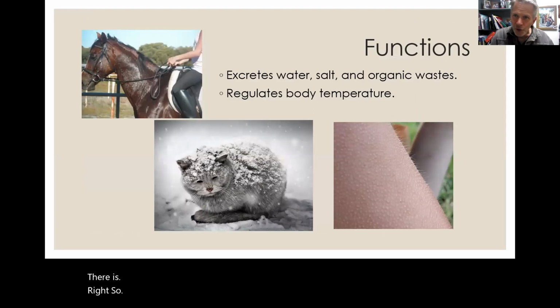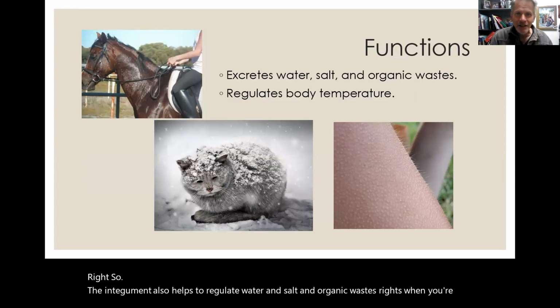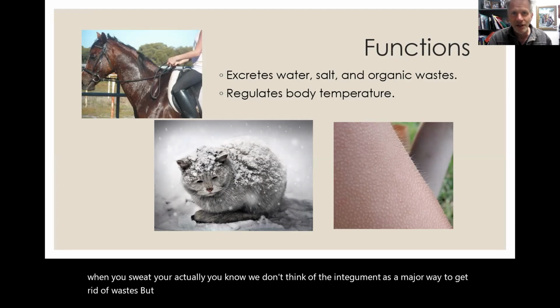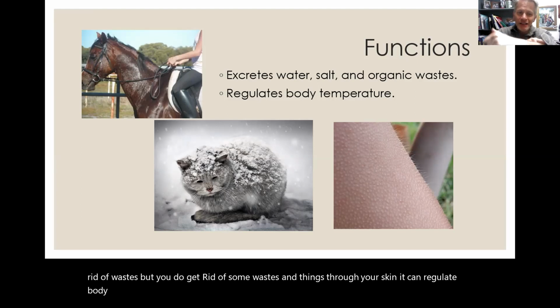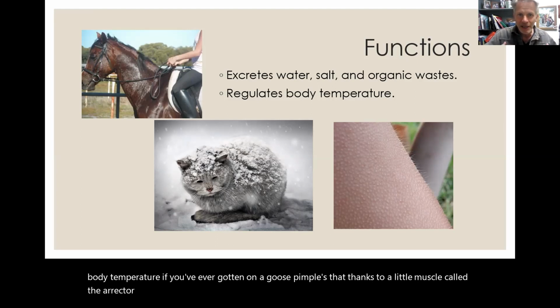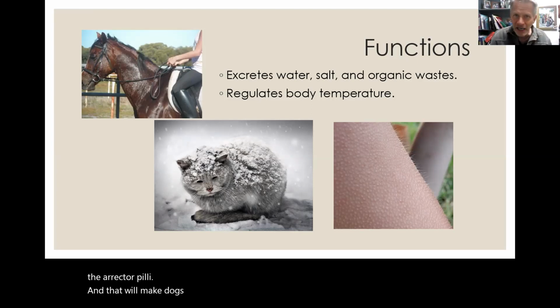So the integument also helps to regulate water and salt and organic wastes, right? So when you sweat, we don't think of the integument as a major way to get rid of wastes, but you do get rid of some wastes and things through your skin. It can regulate body temperature. If you've ever gotten goose pimples, that's thanks to a little muscle called the erector pili muscle, and that'll make dogs' and cats' skin stand on end.